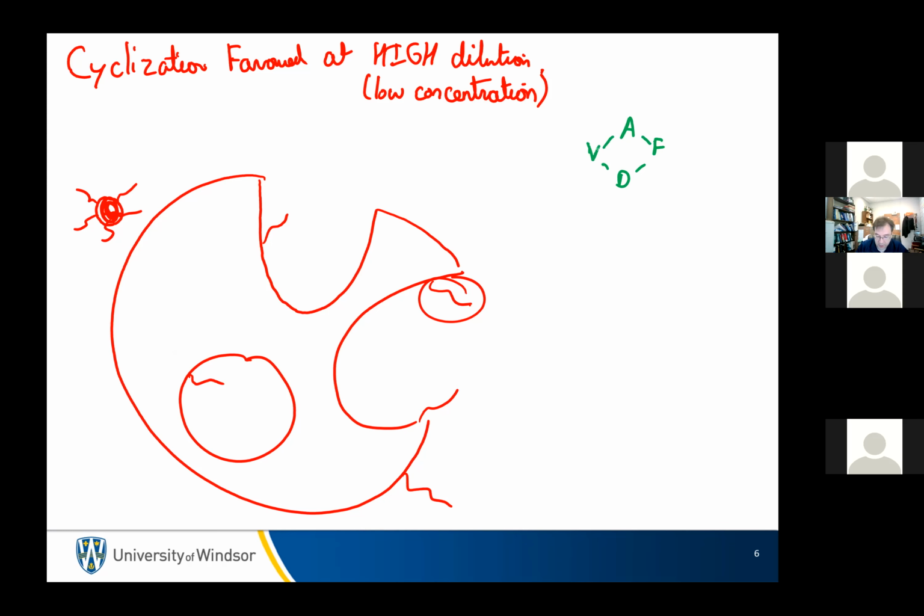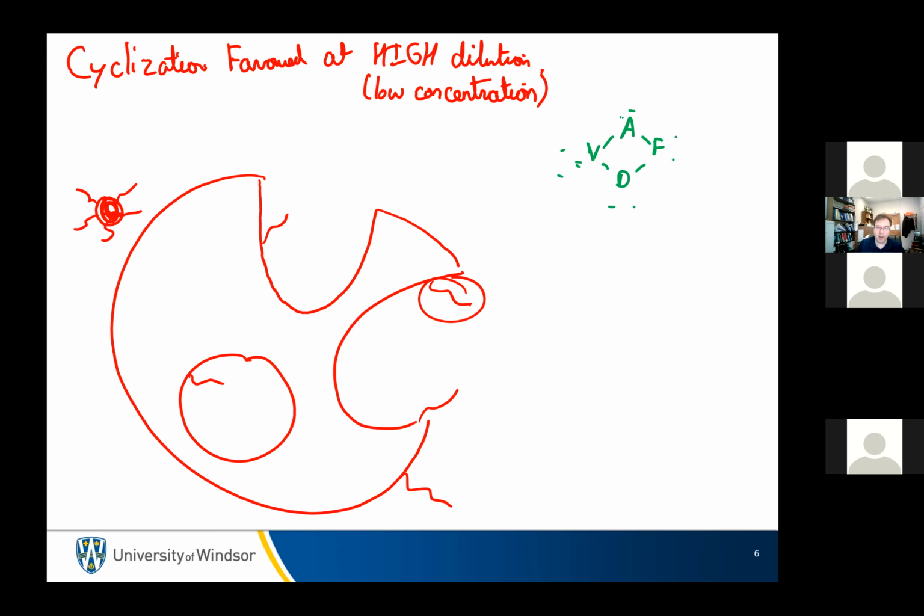I drew it AFDV, but if I'm cyclizing, who cares? AFDV is the same as DVAF, and I'm making the bond between F and D. Or VAFD, or FDVA. I can make them any order I want. I'm making it into a ring in the end.